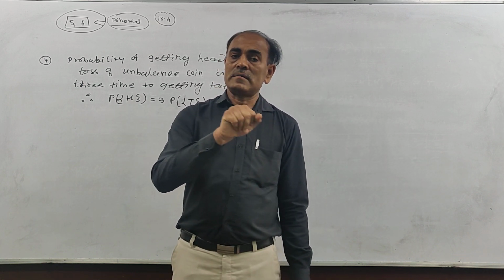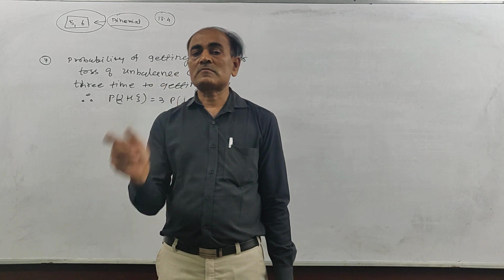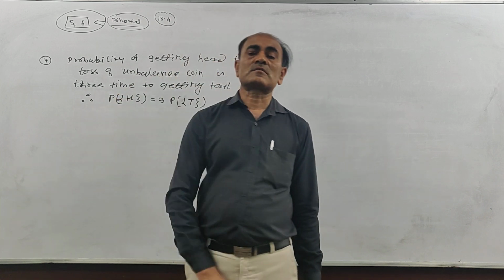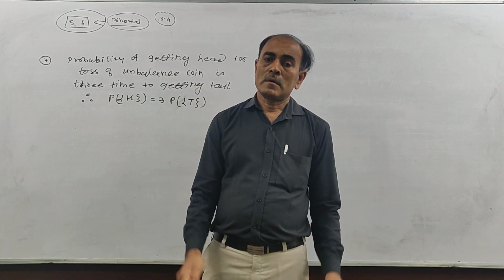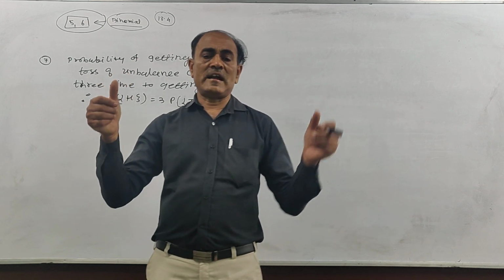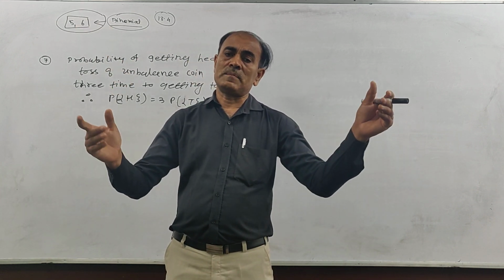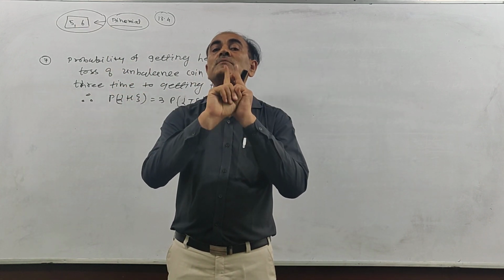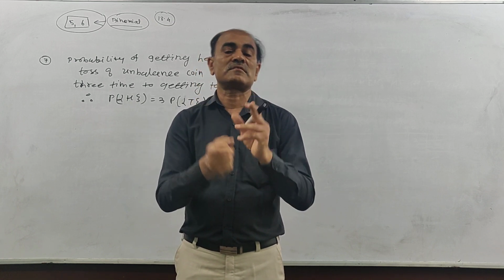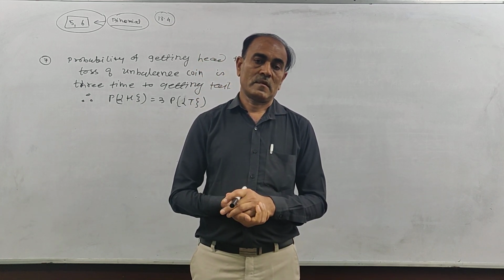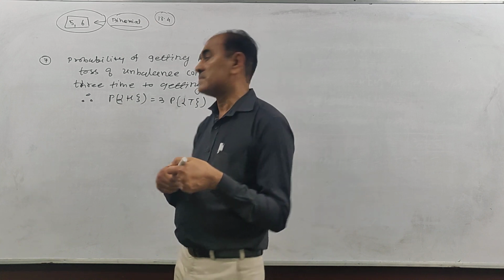But we know that on a toss of one balanced or unbalanced coin, the events that head is obtained or tail is obtained are mutually exclusive and exhaustive. So the sum of their probabilities is 1.